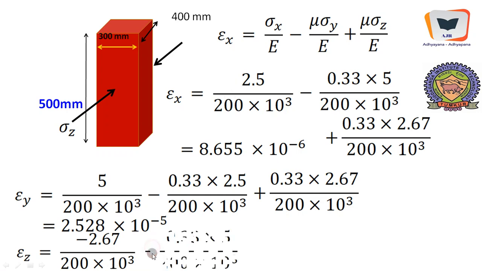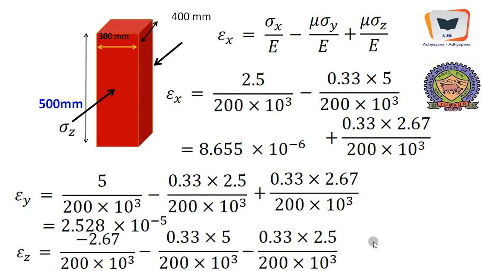Therefore everything will become minus 5 over 200 by 10 to the power of 3. This is owing to sigma z, and this is owing to sigma x, and we will get epsilon z, that is strain along z direction. Net strain, I hasten to add, net strain along z is minus 2.572 into 10 to the power of minus 5.